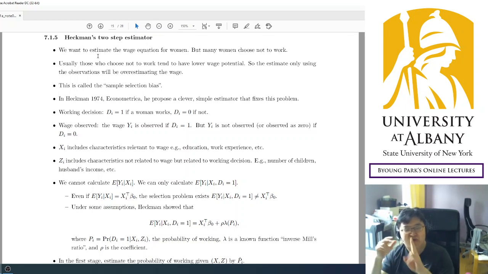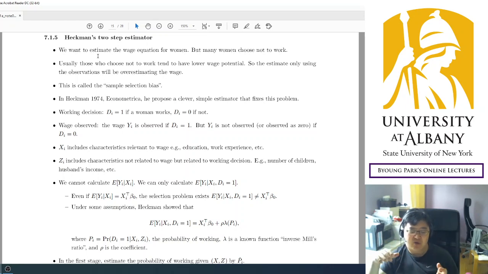There are two problems entangled in this problem. First, as I said, many women just don't work for some reason. They choose not to work, right? And second, we are interested in what if a woman is educated, how much she can earn, or what is the return from education for women. Like the college premium: is a woman's college premium the same as a man's or not?